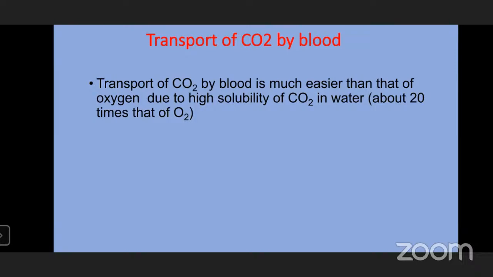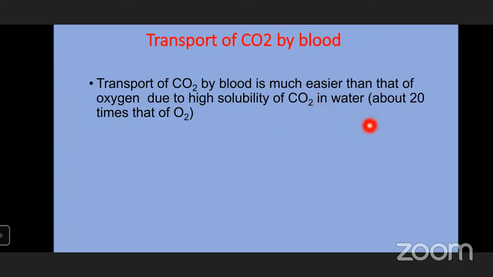So the carbon dioxide transport by blood is much easier than that of oxygen. Why it is much easier than that of oxygen is due to the high solubility of carbon dioxide in water. So carbon dioxide is highly soluble in water as compared to oxygen.